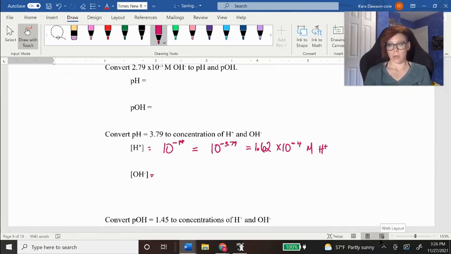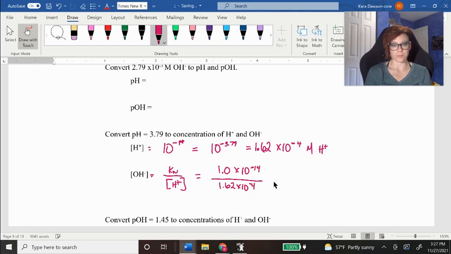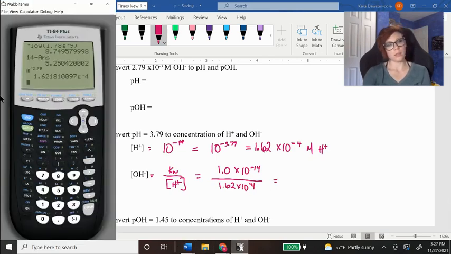I'm going to take the top part. So I'm going to take my Kw and divide it by my concentration of H plus, and that's going to give me my OH minus. So 1.0 times 10 to the minus 14, my Kw, divided by 1.62 times 10 to the minus 4. And I can plug in my calculator.